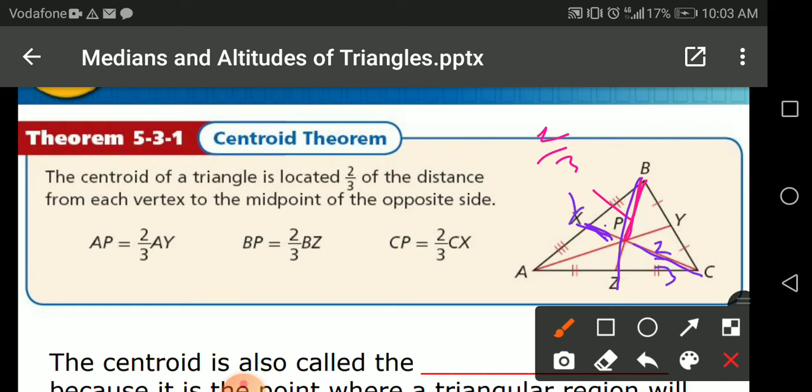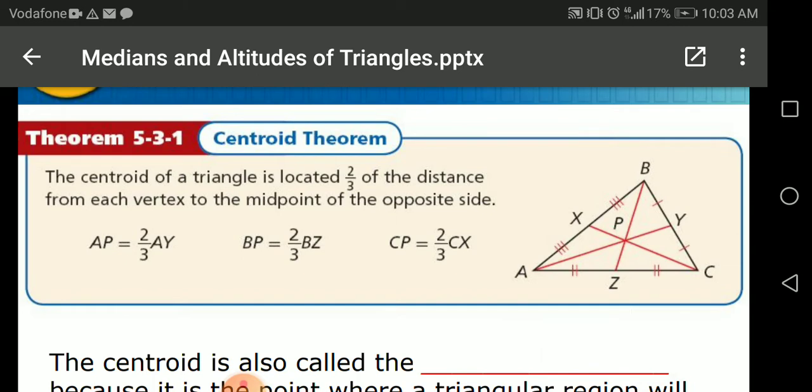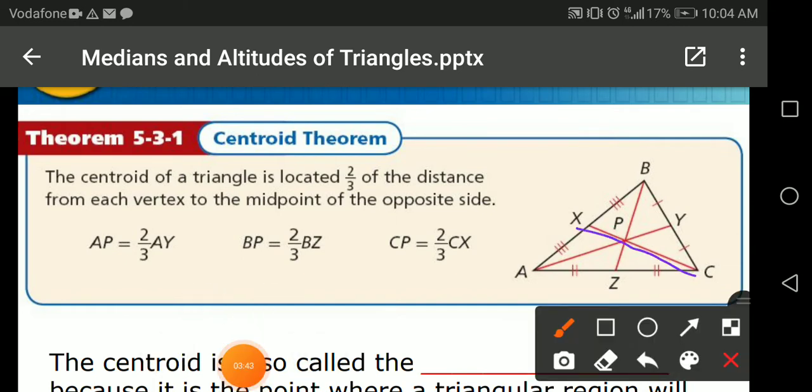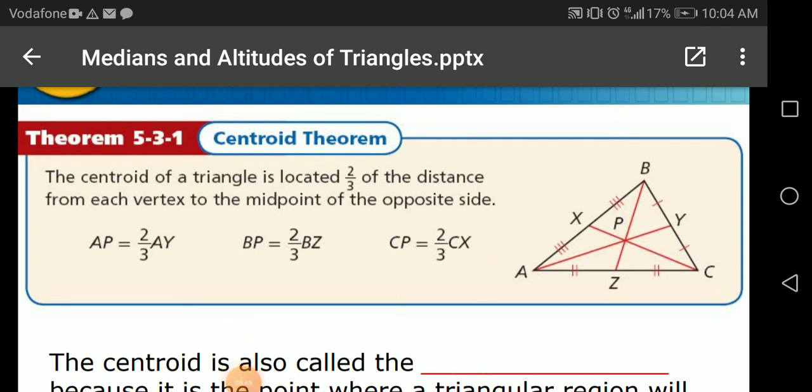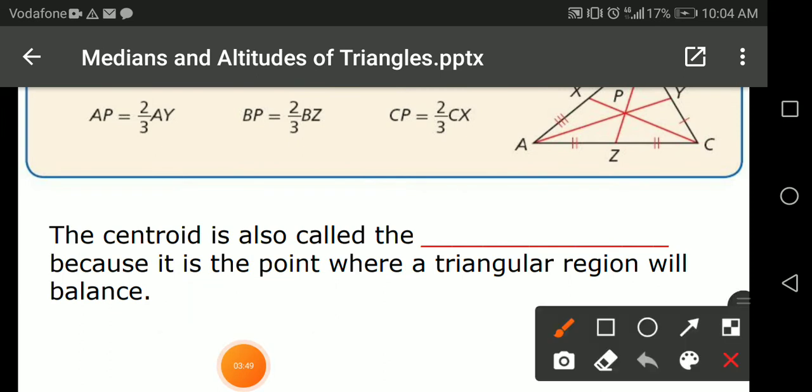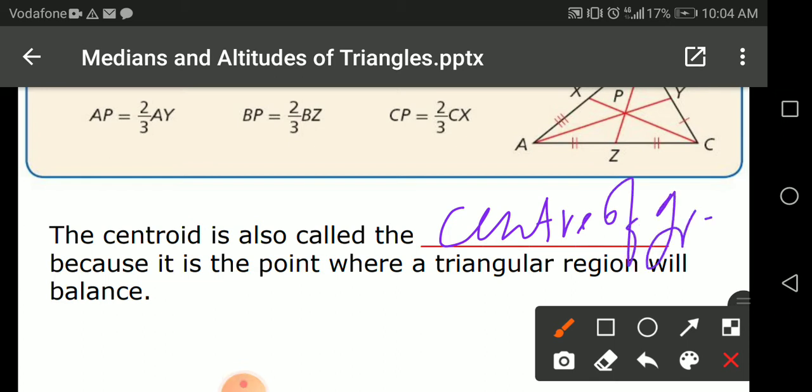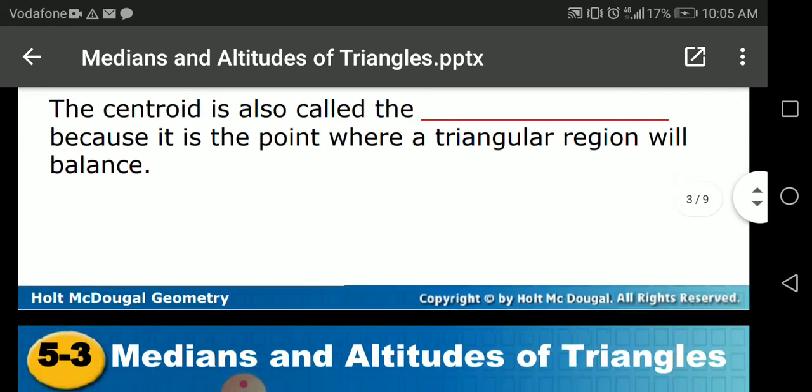So the small one is 1/3, the big one is 2/3, and the whole segment is 3/3. Remember that. Is it easy? The centroid is also called the center of gravity, because the triangle will balance there. You don't have to memorize this.